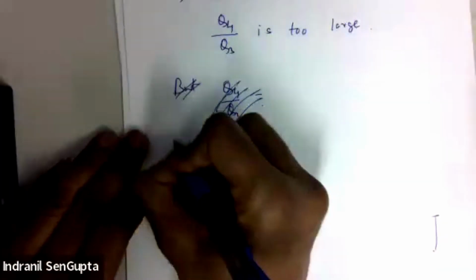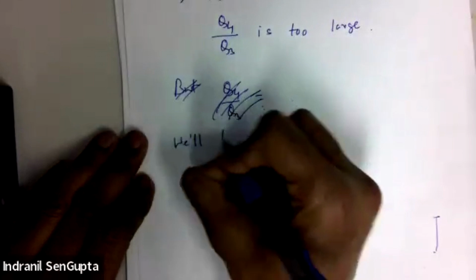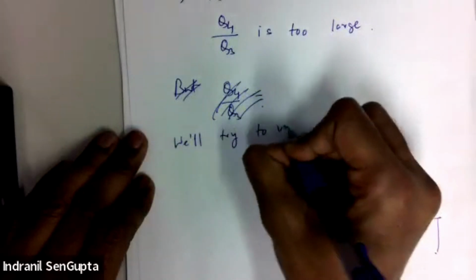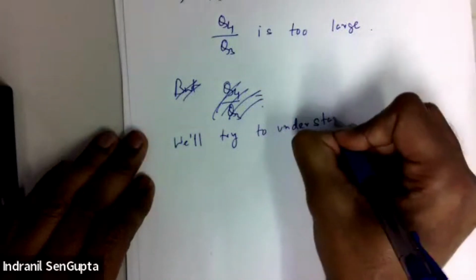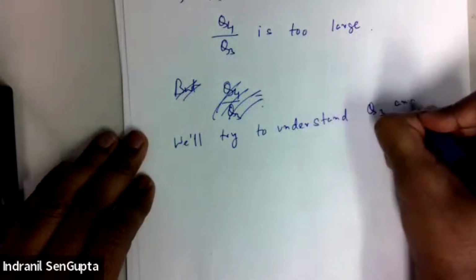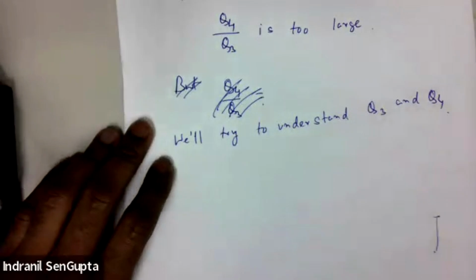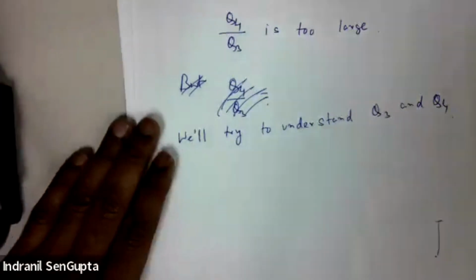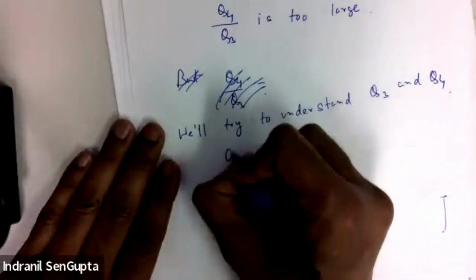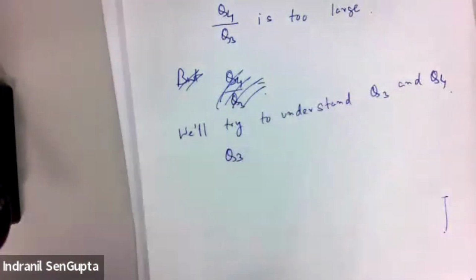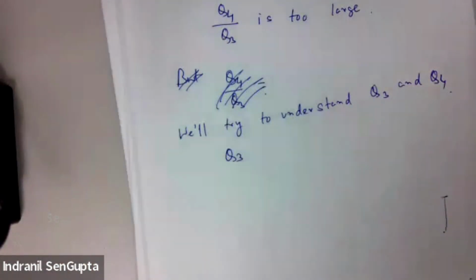Okay, so we will try to understand Q3 and Q4. Now, if I compute Q3, where is Q3? Over sigma squared.